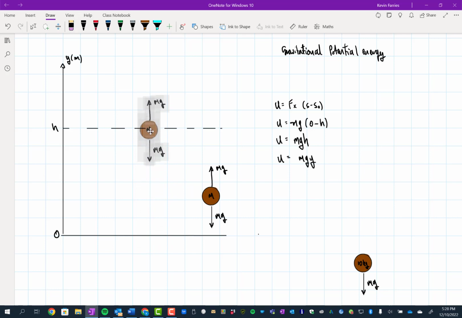It'd be slowing down, slowing down, and then it would stop. It's all been converted to gravitational potential energy. Then if there was nothing catching it, it would start accelerating down, and all that potential energy would be converted back into kinetic energy. And all of this is assuming air resistance is negligible. Otherwise, some of that energy is going to be lost to air resistance, and we'll quickly talk about friction next.